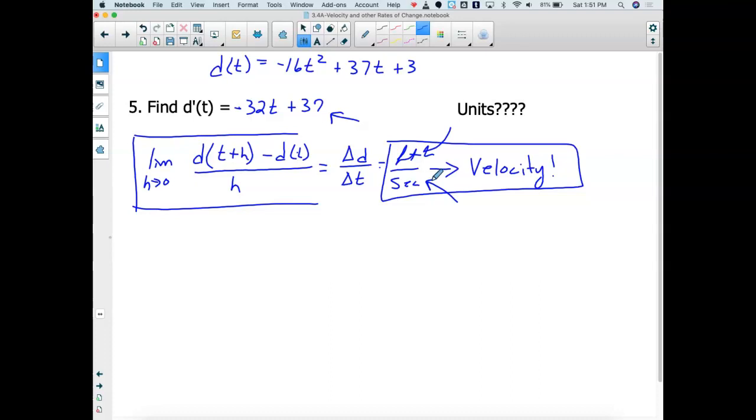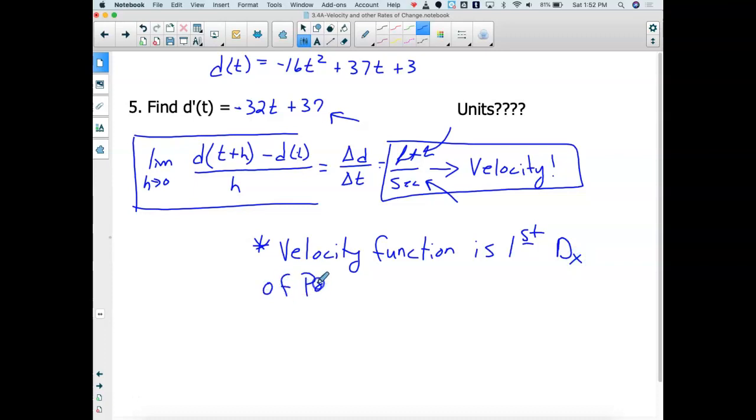You can just go through and find all that good stuff. So what we just found here, hopefully I'm not scrambling your brain, is that the velocity function of a horizontal movement or horizontal position is the first derivative of position, not just because velocity is the first derivative of position, but because of units.